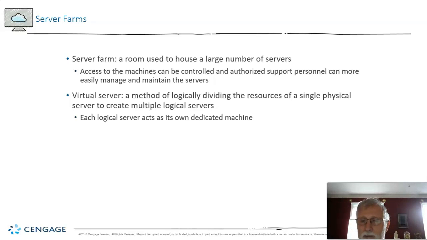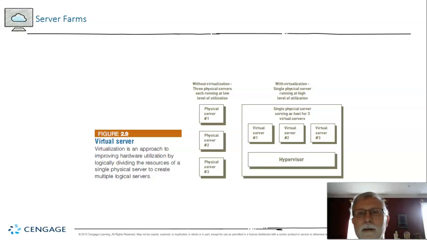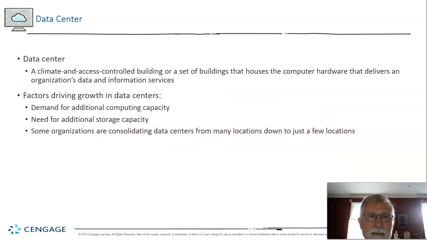Virtual server is basically a method of logically dividing up resources versus a physical division. So here is a representation of what a virtual machine like VMware would use, where I've got a hypervisor that actually communicates to the physical equipment and creates three logical machines that can be accessed.